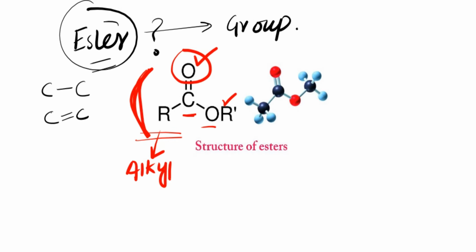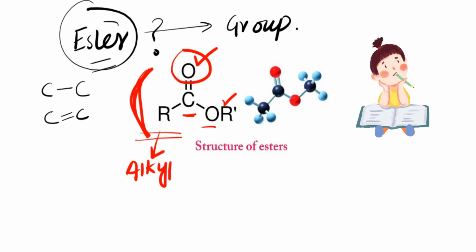And we will explain further where it reacts, how it is formed, how it is metabolized, and what its uses are. The one thing you learn first is what esters are.